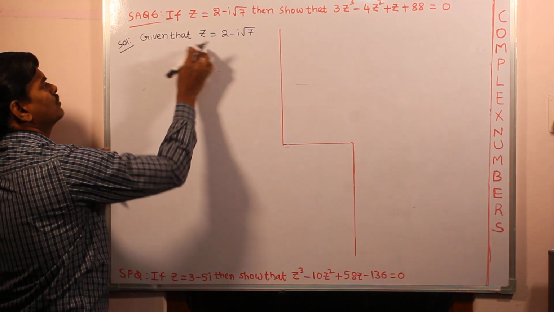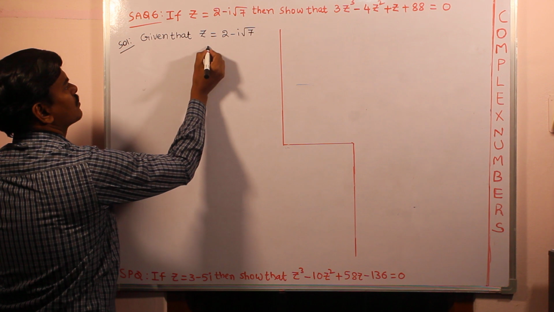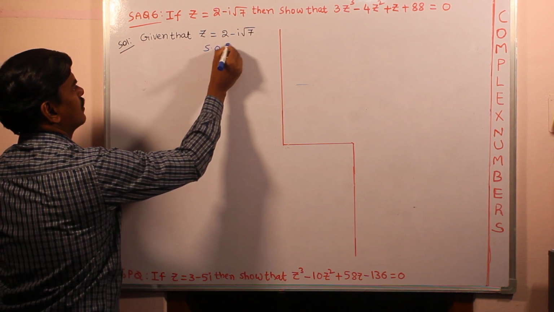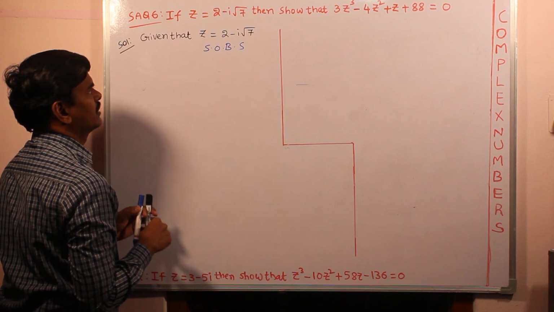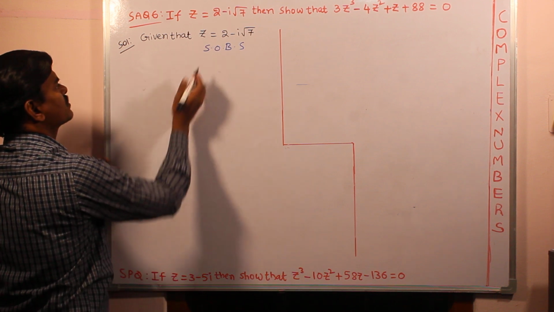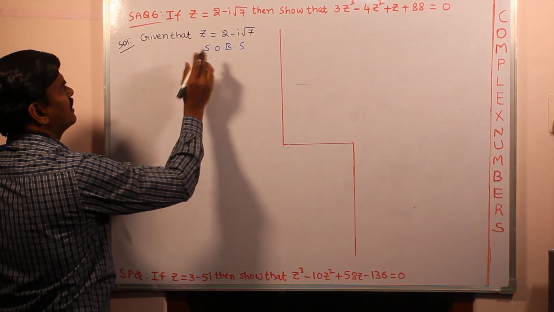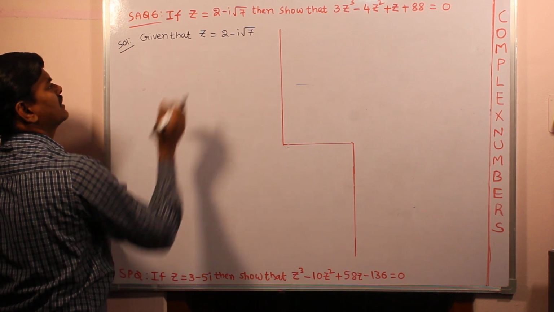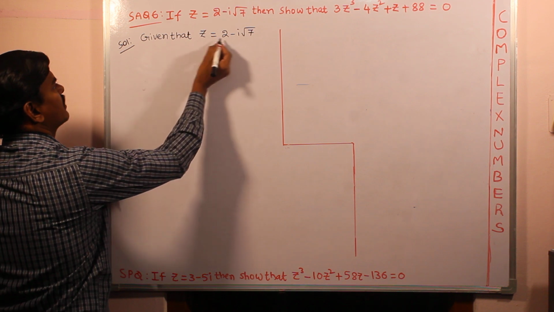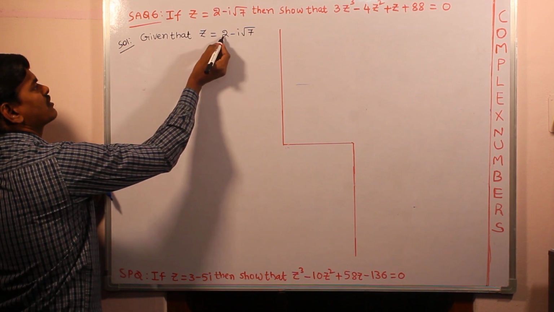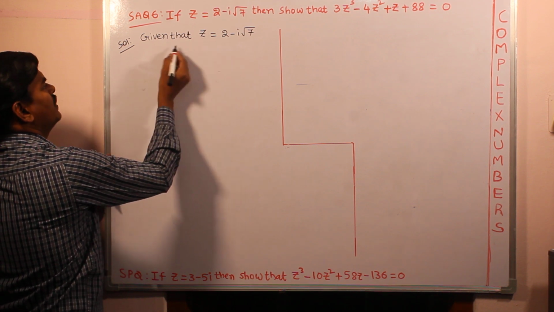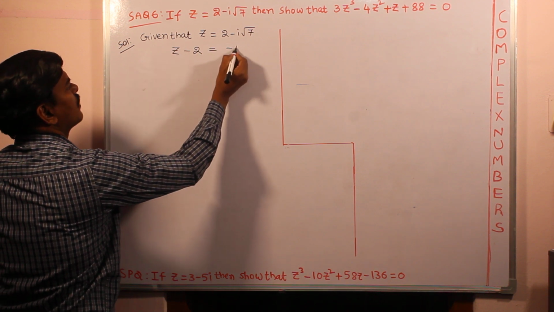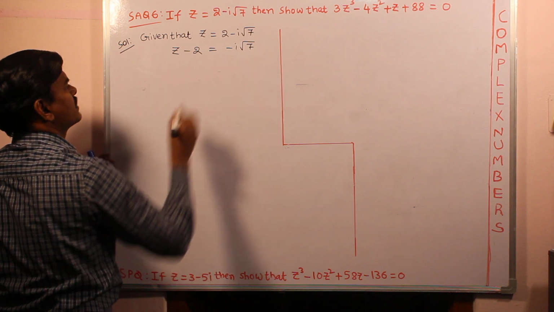So to convert this into a quadratic equation, I have to go for squaring on both sides, but not as it is. If you square on both sides as it is, you will get a simplification problem. That's why first transpose plus 2 from RHS to LHS. It becomes minus 2. So z minus 2 equals minus iota root 7.